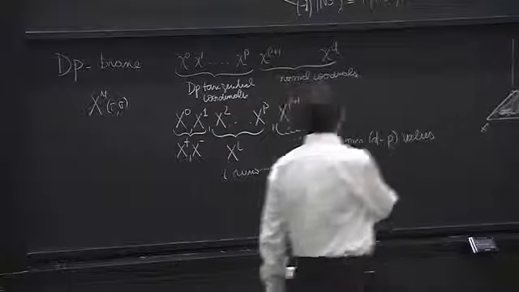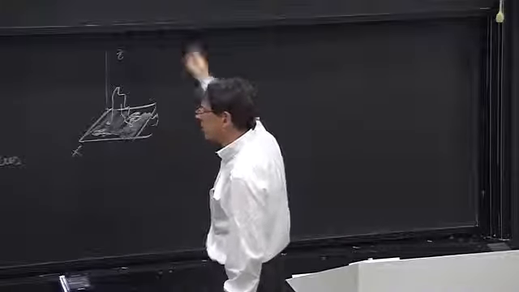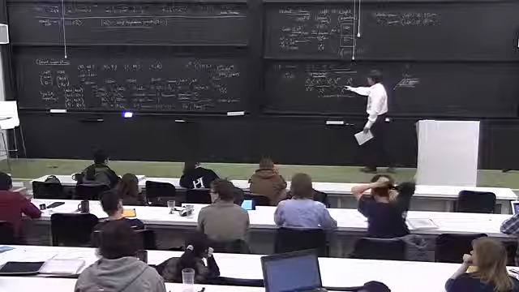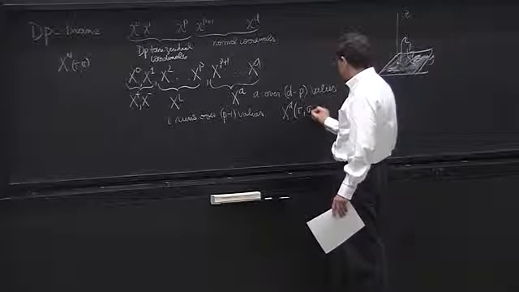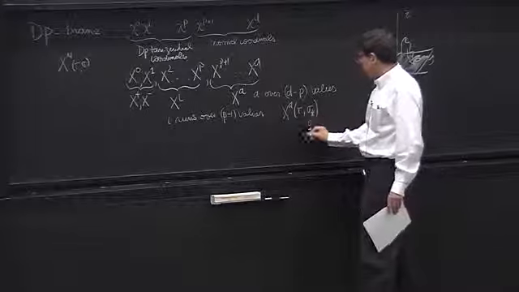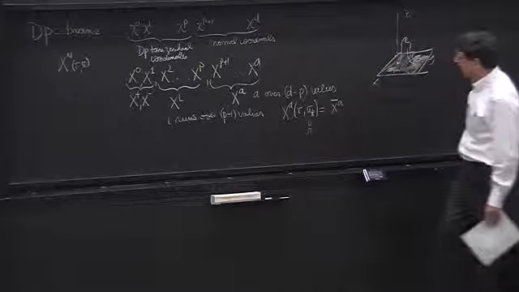Now, the open strings can't move in the normal direction, the endpoints can't. The strings can. The strings can be a little bit on the brane and outside the brane. So these coordinates x^a of tau sigma star, where sigma star is 0 or pi, must be fixed at some numbers that we can call x^a.